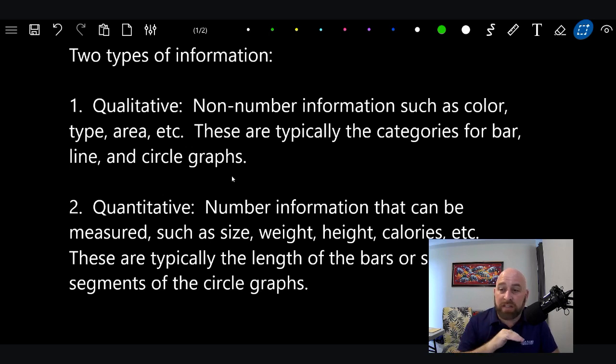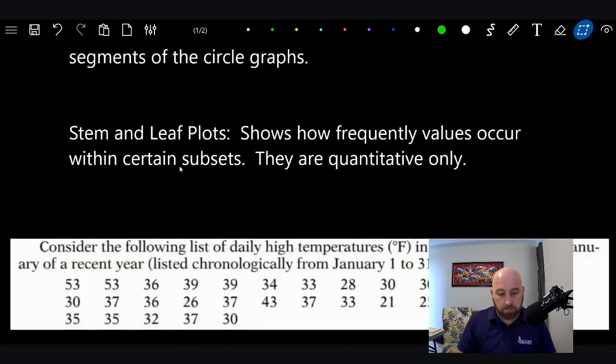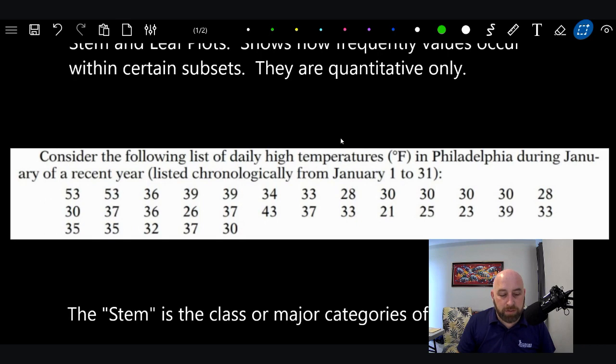It's just the stem and the leaf, and it's just numbers. So these focus just on quantitative information. A stem and leaf plot shows how frequently values occur within a subset. They are quantitative only.